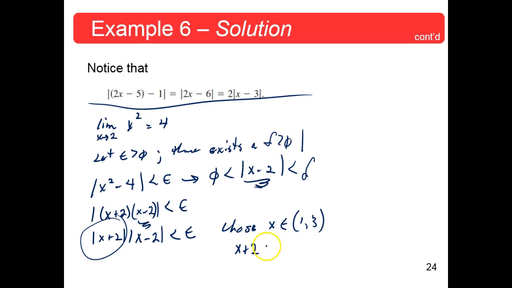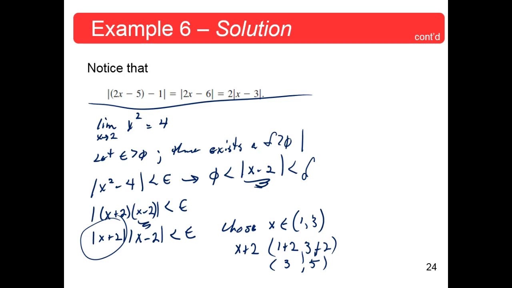Well, if x is in there, this goes from 1 plus 2 to 3 plus 2, so from 3 to 5, right? For any x in between here, x plus 2 has got to be within there.